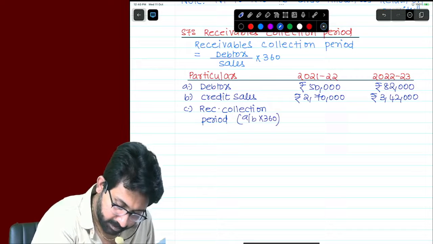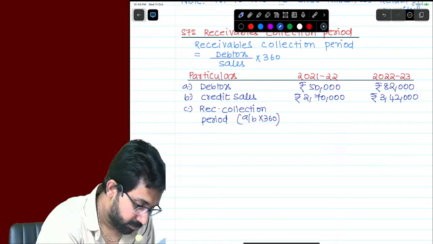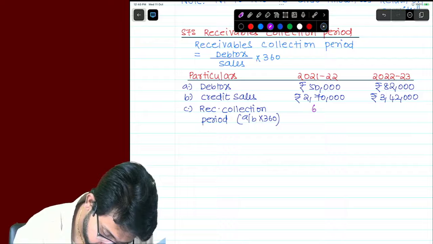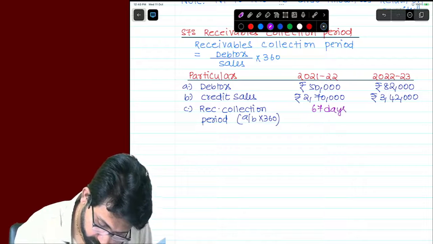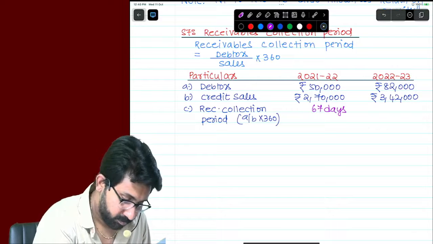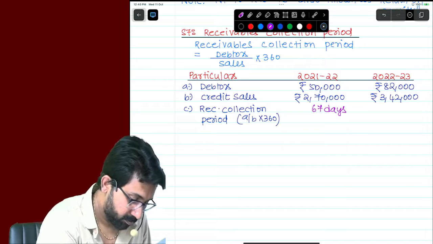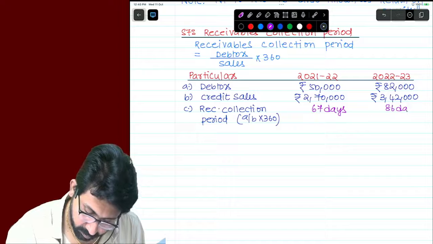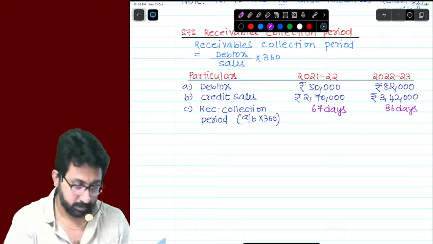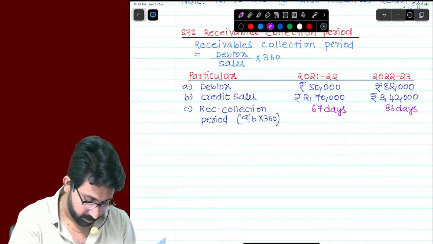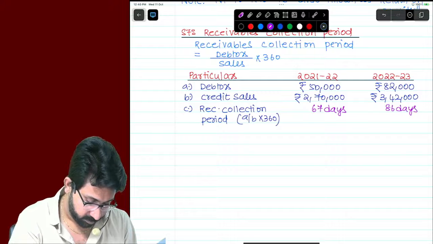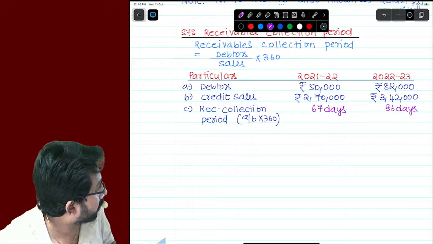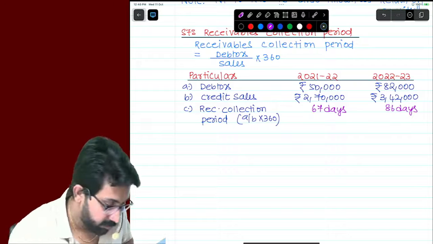50,000 divided by... okay? How many days?